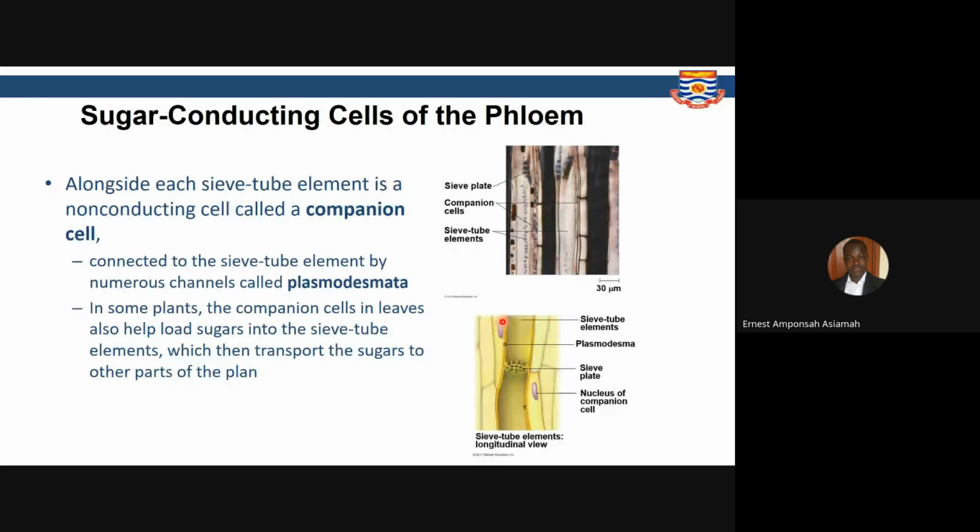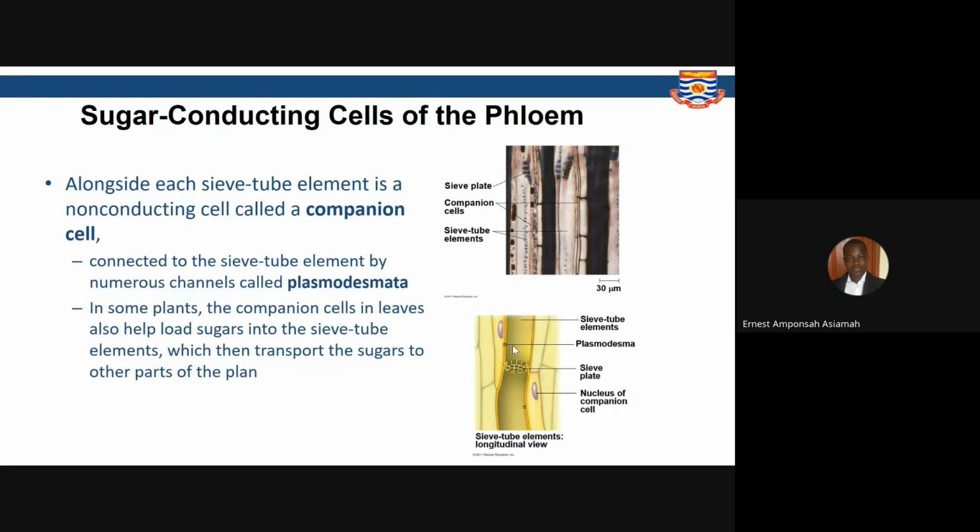The companion cell lies side by side to the sieve tube, and it has a nucleus, and it is linked to the sieve tube elements via numerous channels called the plasmodesmata.